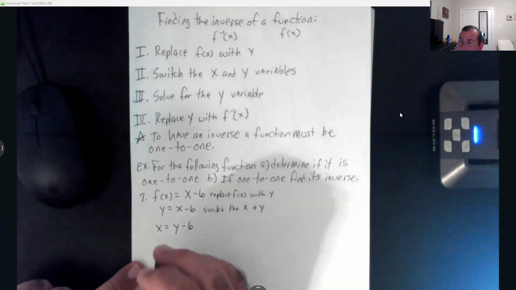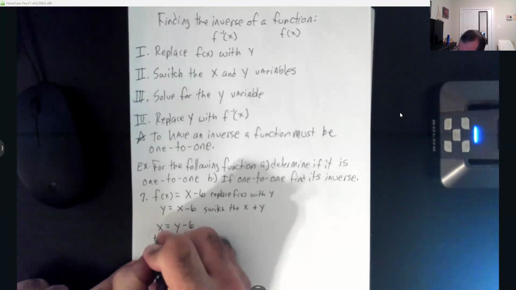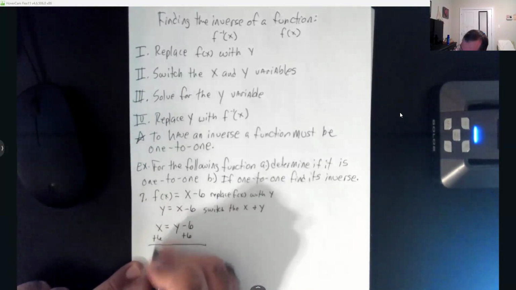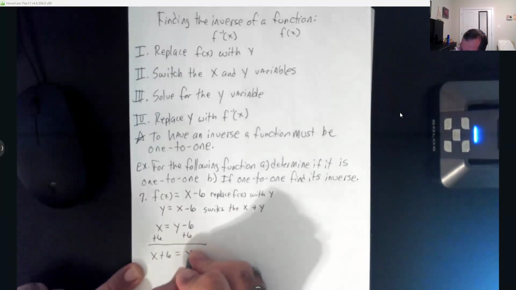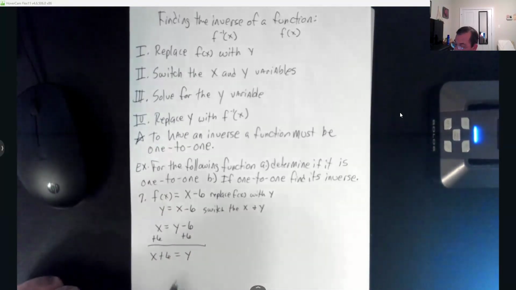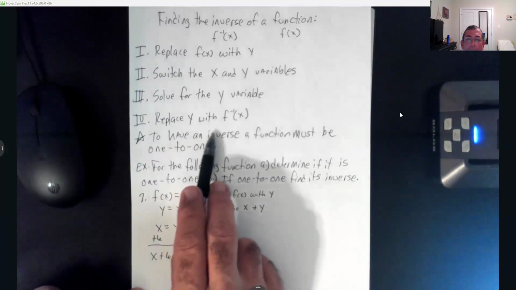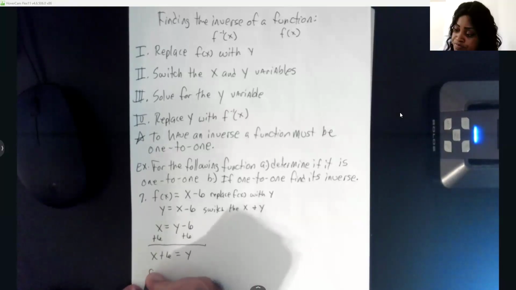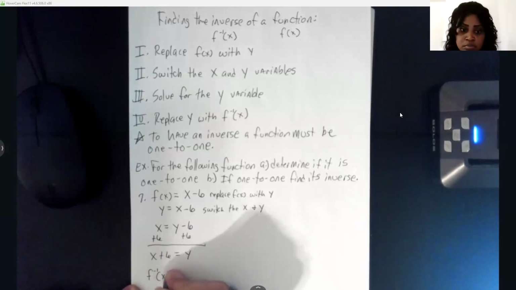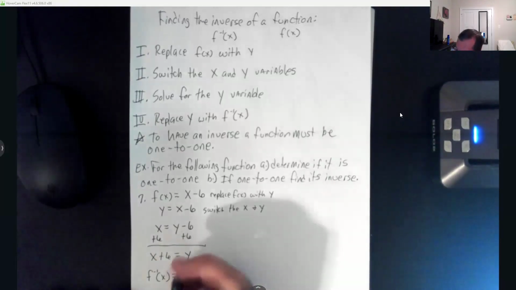So what y'all doing with that? Add 6 to both sides? So y'all look at that. I get my x plus 6 equals my y. So I'm now solved for the y. So now my final step, replace that y with the f inverse notation. So I get f negative 1 of x equals my x plus 6.